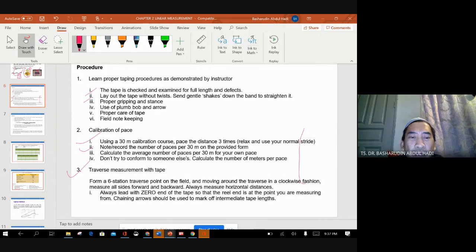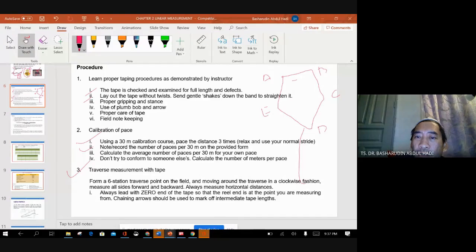For example, there's a measurement, and this is a traverse point. From point A to point B, point C, point D, point E, and going back to point A. A, B, C, D, E. So you have five stations, that is a traverse.